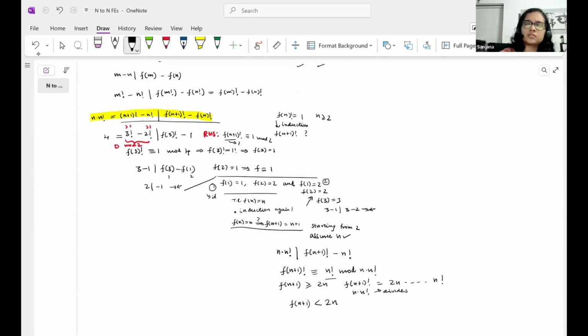Since f has integer codomain, why would that imply f of n plus 1 is equal to n?